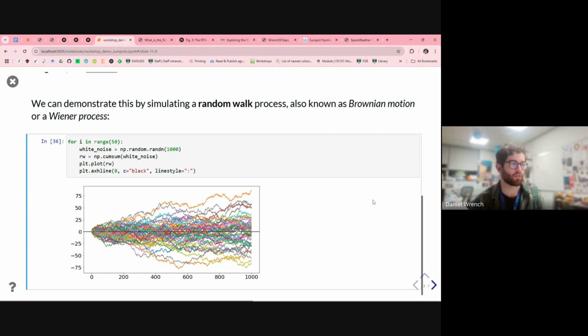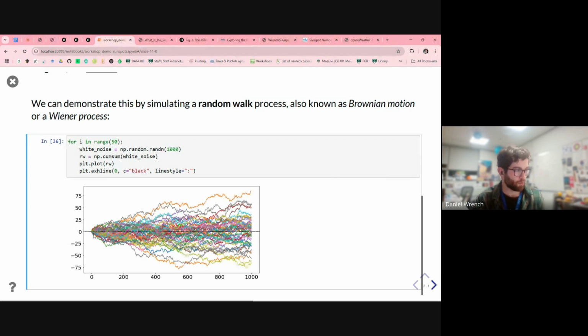And the reason it's not ergodic is that as the length of the interval increases, your mean is changing hugely and your variance is changing hugely. The further you get away, the greater the variance, as it might go positive or negative or somewhere in between.